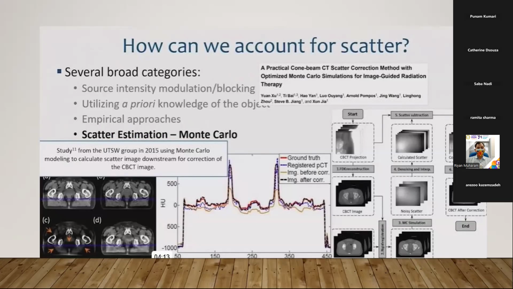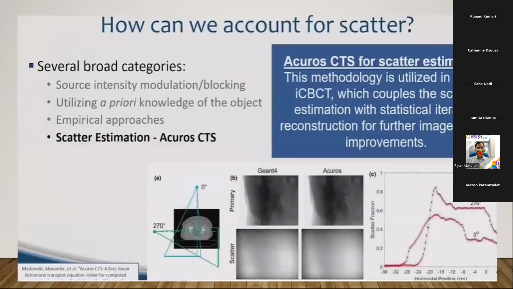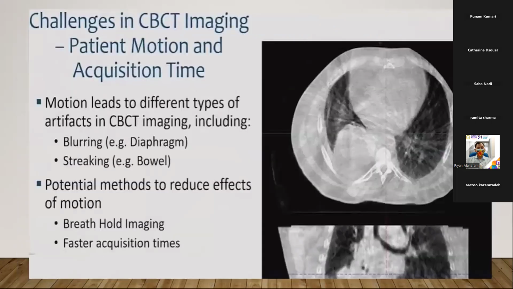There are publications showing that it has played a vital role in the estimation of scatter, so it can be introduced and utilized in the clinics. In Varian machines, this methodology is utilized, across several broad categories. So this is also a second tool for mitigating the scatter.